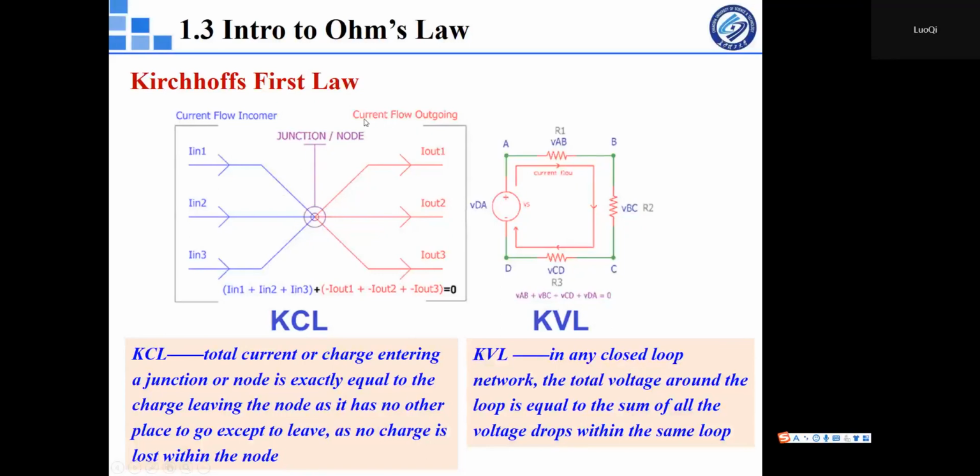Then there are three current flows outgoing, out 1, out 2, out 3. Let's see: input 1 plus input 2 plus input 3, put parentheses, plus out 1 plus out 2 plus out 3, put parentheses, is equal to 0.